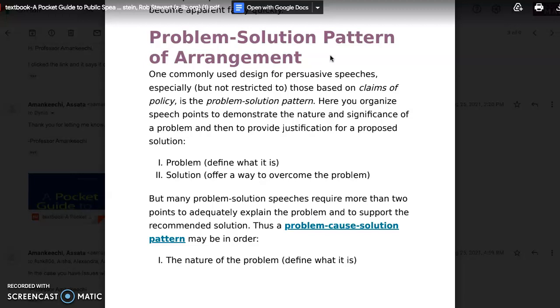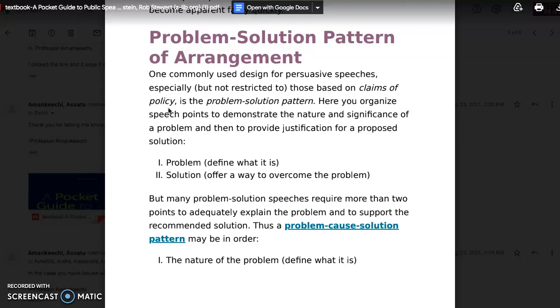Okay, this is a commonly used pattern for persuasive speeches, and oftentimes it's used for claims of policy. So if you find yourself doing a claim of policy, this will be a great organizational pattern for you as you write your speech. Again, a claim of policy recommends that a specific course of action be taken or approved.